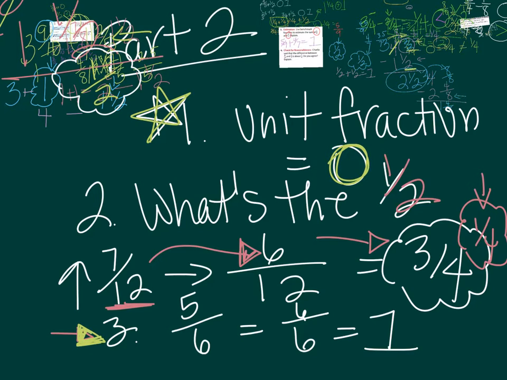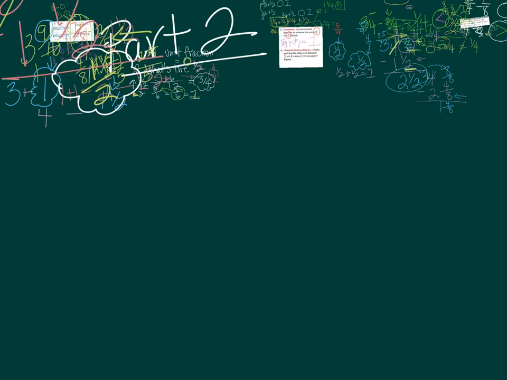You'll look at your fraction and see how close it is to a whole, because 6/6 is the whole for 5/6, and it's so close, so that'll equal 1. And if you can memorize these 3 things while you're estimating fractions using these benchmarks, you're going to do fantastic on these. So just remember, unit fraction, yes or no, what's the half, and is it close to a whole? Then you'll be able to figure out where on your line it belongs.